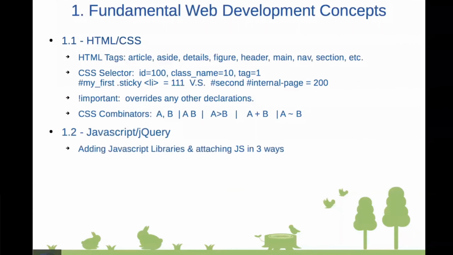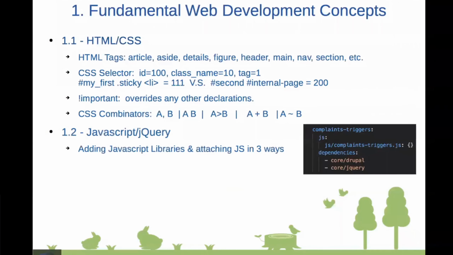JavaScript. The new thing for Drupal 8, they use library. Everybody should know a library in the assets in the Drupal JavaScript and style sheet definitions. So we'll talk about this code, just a simple code.